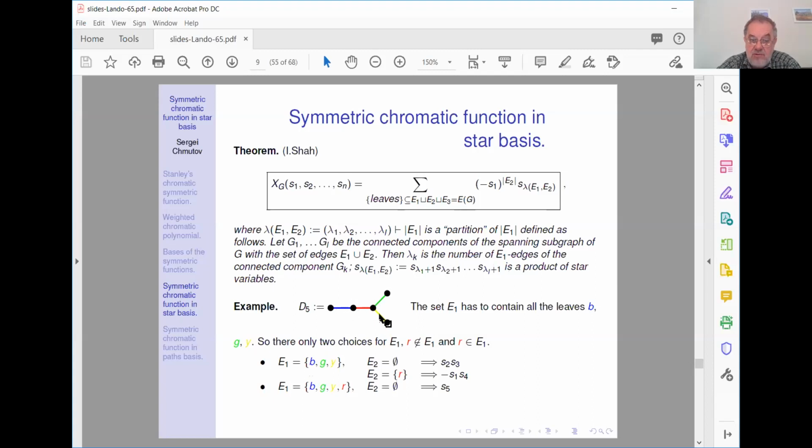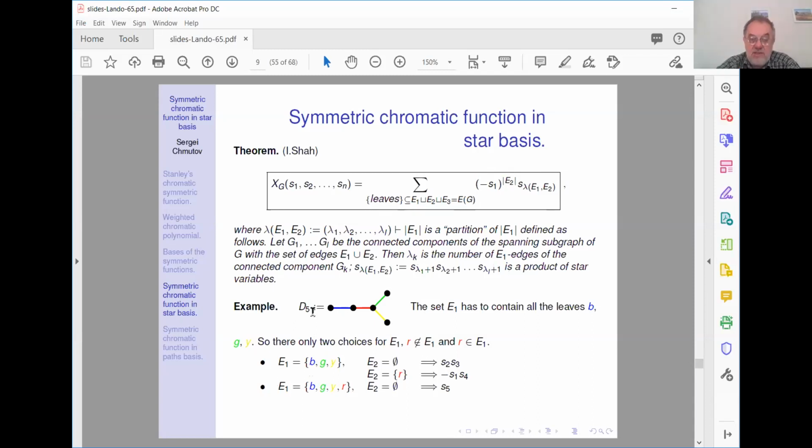So 1, 2, 3. So it is going to be S4 corresponding to this connected component. But in that case, E2 consists of one edge. So it will be negative S1 as that factor in this formula. So negative S1, S4 will be the contribution to this graph from that choice.